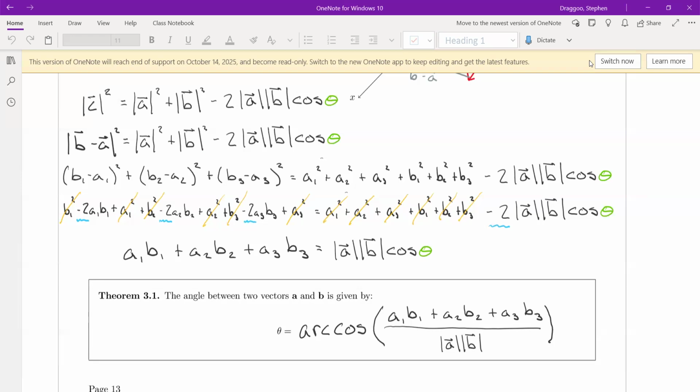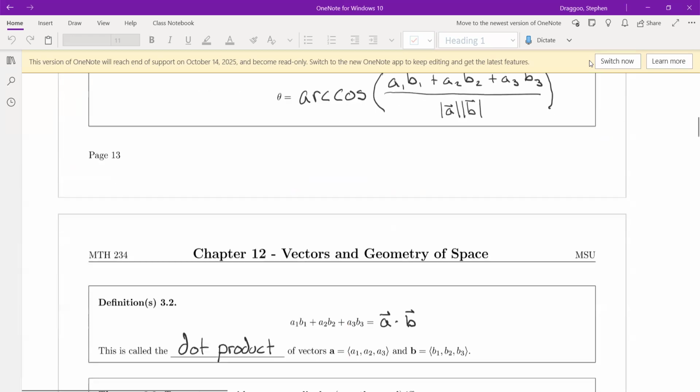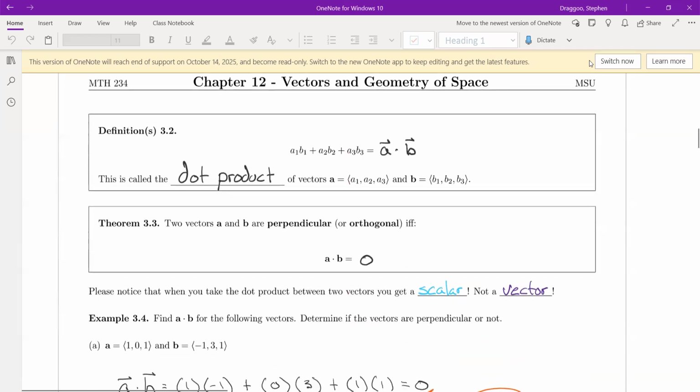Those are just numbers, so I don't have the hats on the little numbers anymore. A1, A2, A3, B1, B2, B3, none of those get hats because they aren't vectors themselves. They're instead the scalar components that make up my vectors. So I'll do my very best to make sure that I have a hat on every single vector quantity that I want to talk about. Hopefully I stay consistent with that.